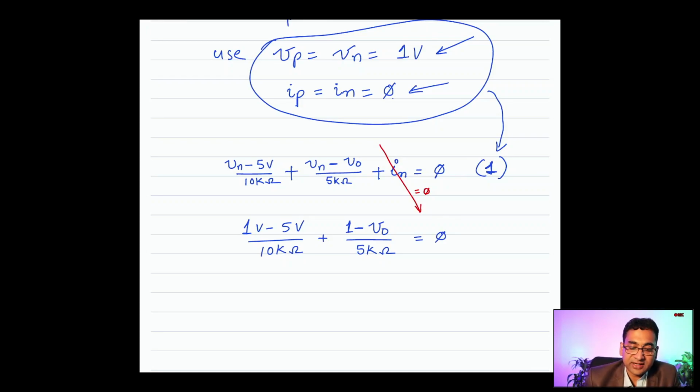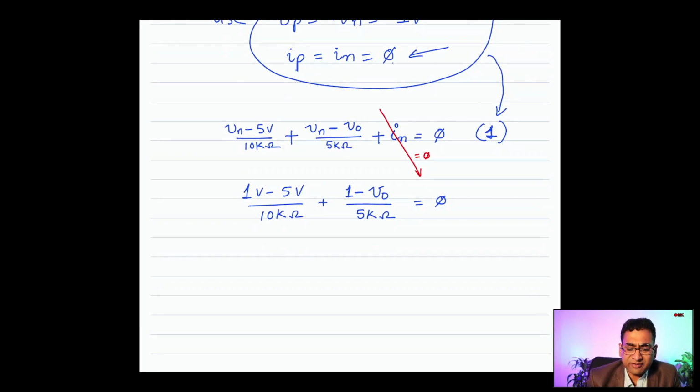Simple enough. There are a bunch of different ways to do that. I am going to simply follow the one that makes most sense to me. Minus 4 volts by 10 kilo ohms plus 1 minus Vo by 5 kilo ohms equals 0.